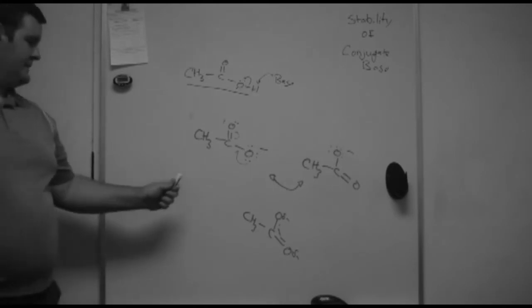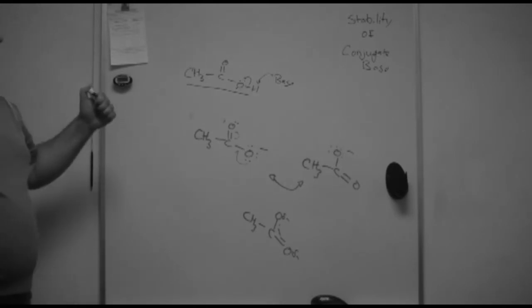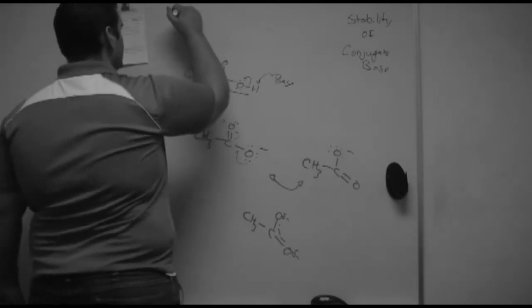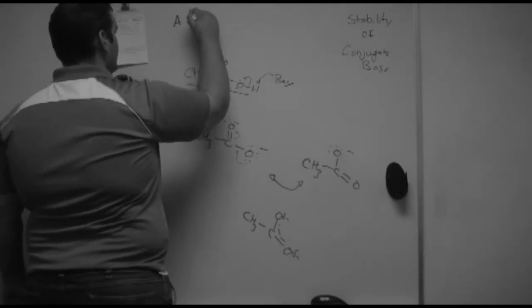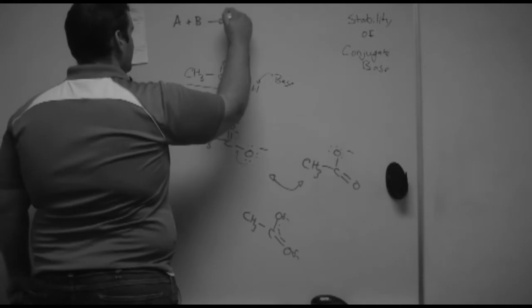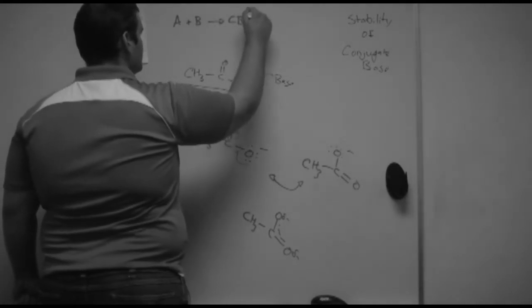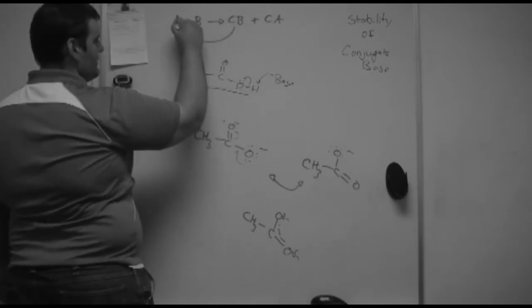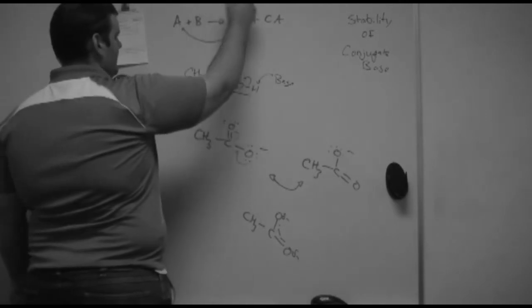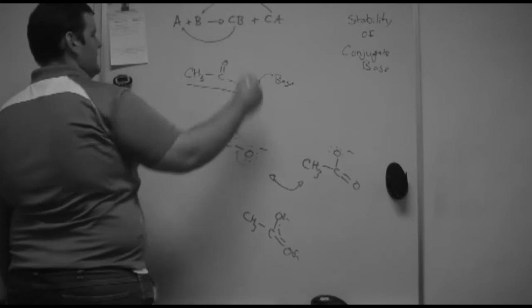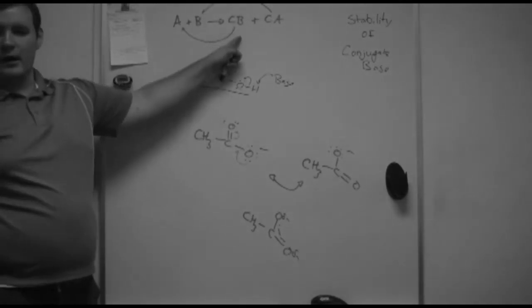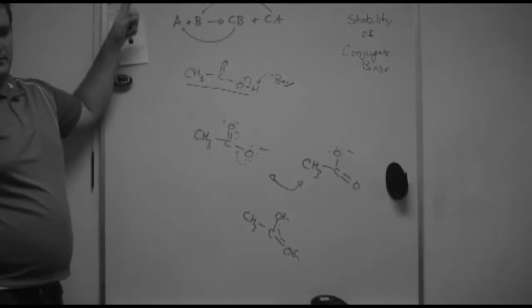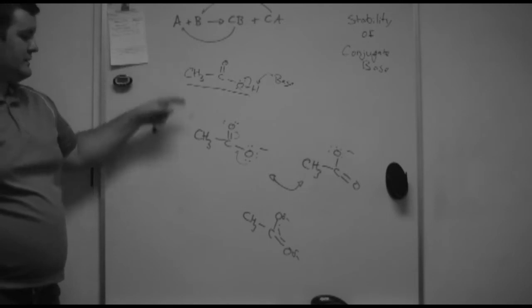So let me draw this. We have acid plus base gives us a conjugate base plus a conjugate acid. And this conjugate base corresponds with that acid, right? And vice versa here. The weaker the conjugate base is, the stronger its acid was.